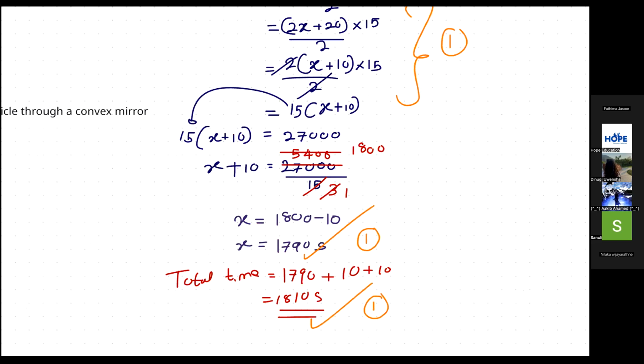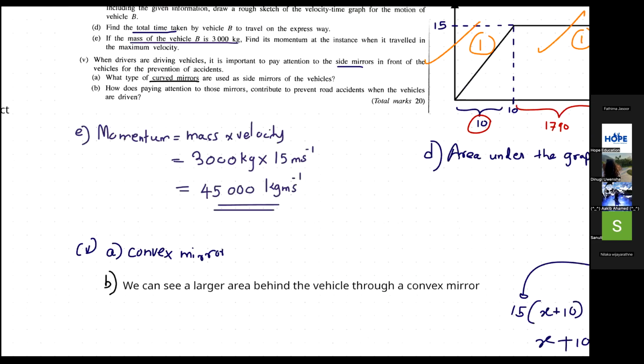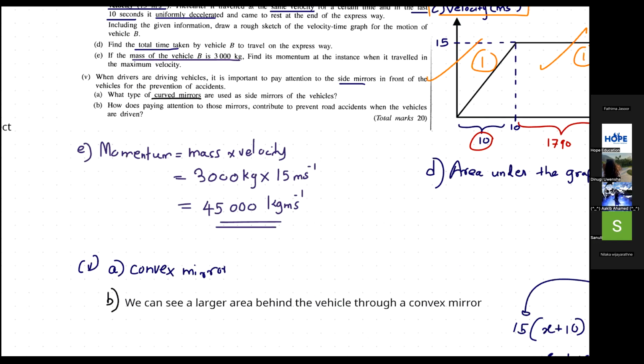And here momentum වල 3015 multiply කරනවට 1 mark, 45,000 kg m s^-1 කියලා දානවට 1 mark.